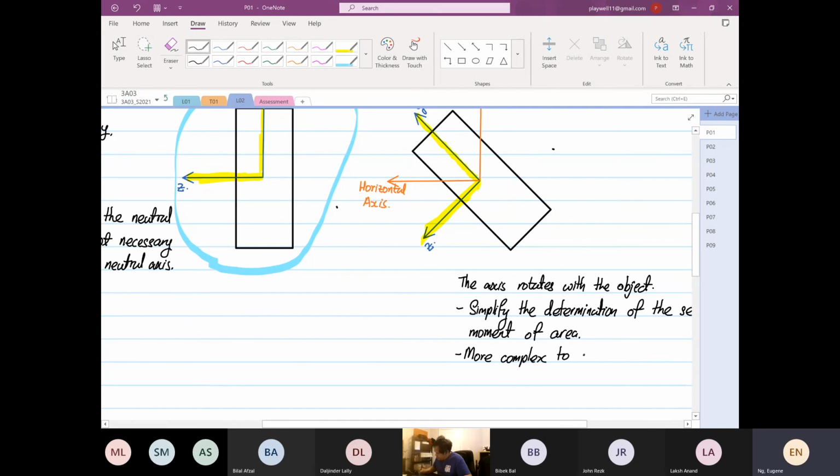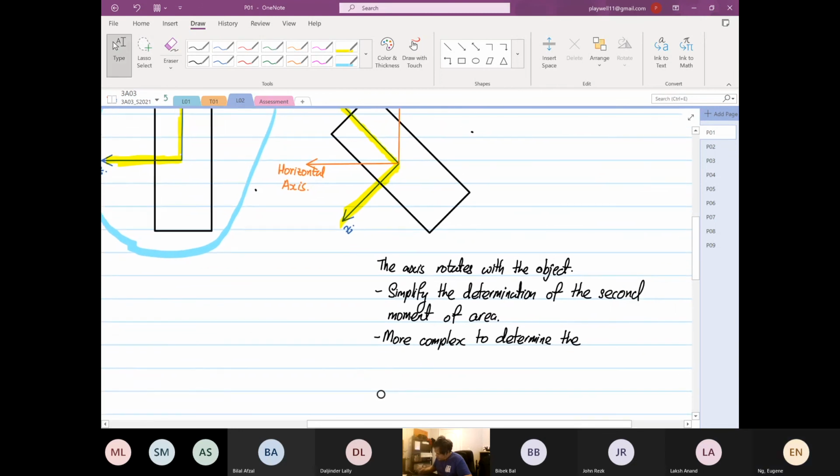To determine the second moment of area about the, I will use the same color, okay, horizontal axis and vertical axis.